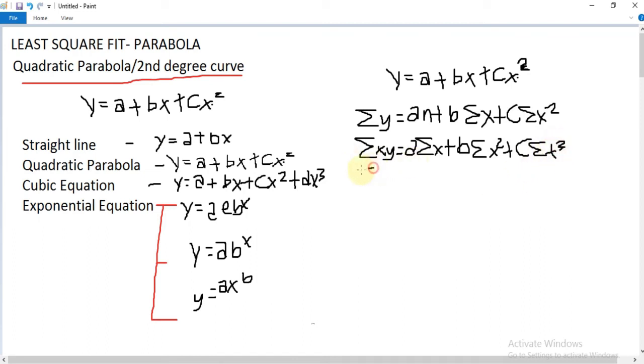The last summation: summation of x square y equals a summation of x square plus b summation of x cube plus c summation of x to the power of 4.